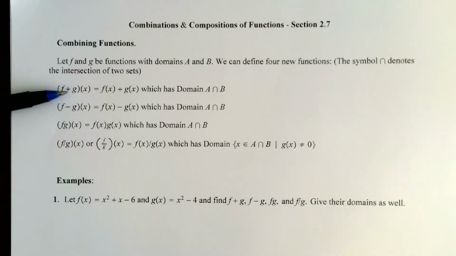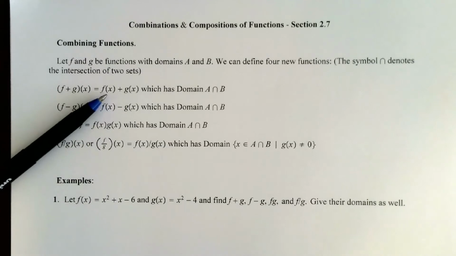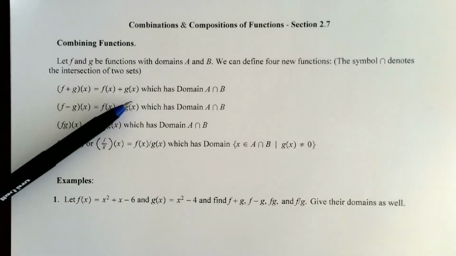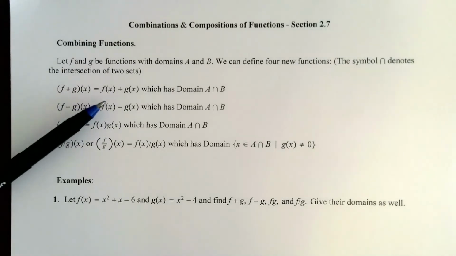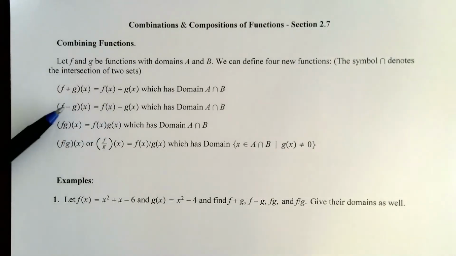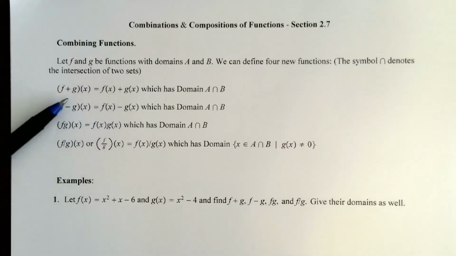So how does this function do that? What's the process? So here's the name of the function. We input x, and how do we determine the output? Well, when I plug in x, the output is determined by taking the output of the function f and adding it to the output of the function g. That's the way this function works. For 2 different functions f and g, we define the function f plus g of x. So that seems pretty natural in terms of why we would call it f plus g.